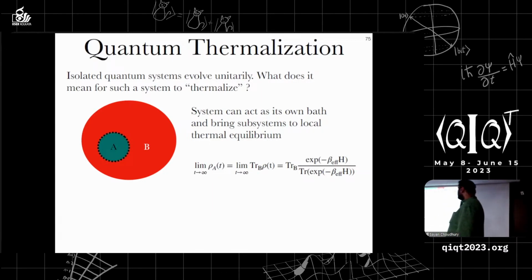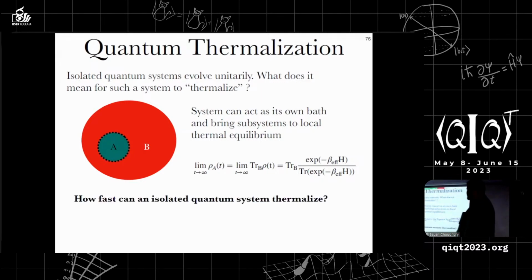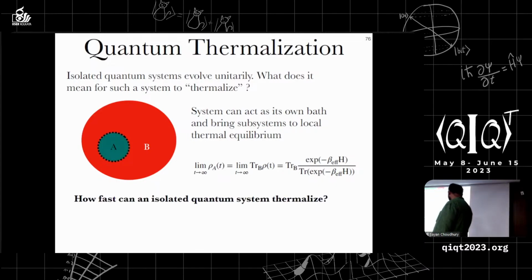If I look at the reduced density matrix of a subsystem A, it is described by some thermal ensemble, so you cannot distinguish this from being in a thermal ensemble. That's the idea, that you can get an effective temperature and get the system to thermalize. The question that we were looking at, yes.